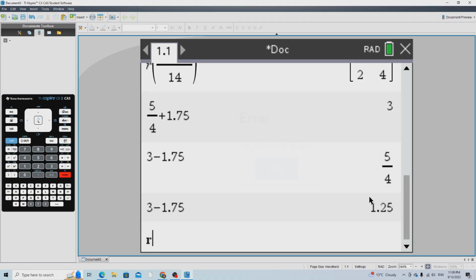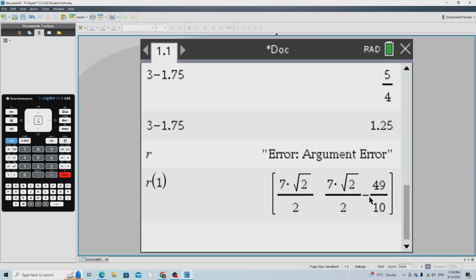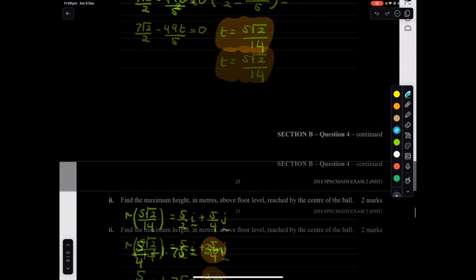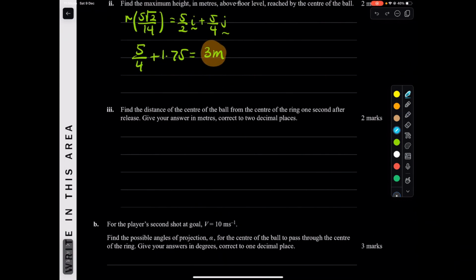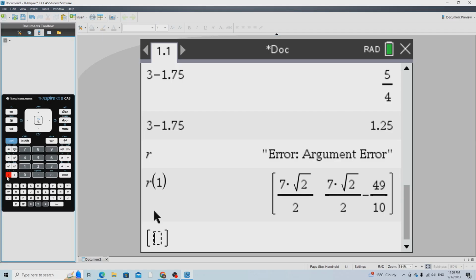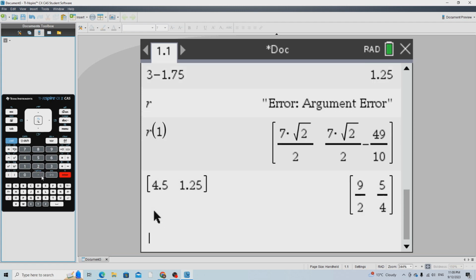So what's r of 1 in our calculator? It's this big vector over here, which we'll write after. Yeah, so now we have r of 1. Now we have the position of this and the position of this. Now we can easily find the distance. It's just this minus this, and find the magnitude of that. Let's do it in our calculator. We know that the vector at the center of the hoop is 4.5, 1.25.